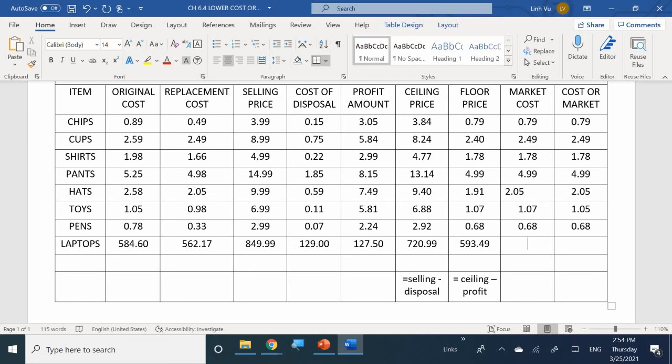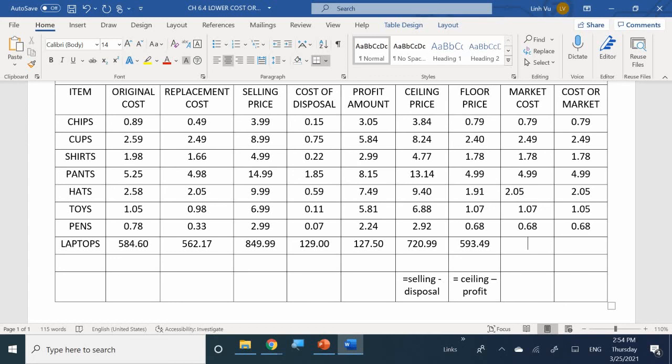562.17. Let's look at this again. 593.49. 593 is definitely higher than 562. Oh, I thought you said what's in the lowest. What's in the middle? I must have misunderstood you.